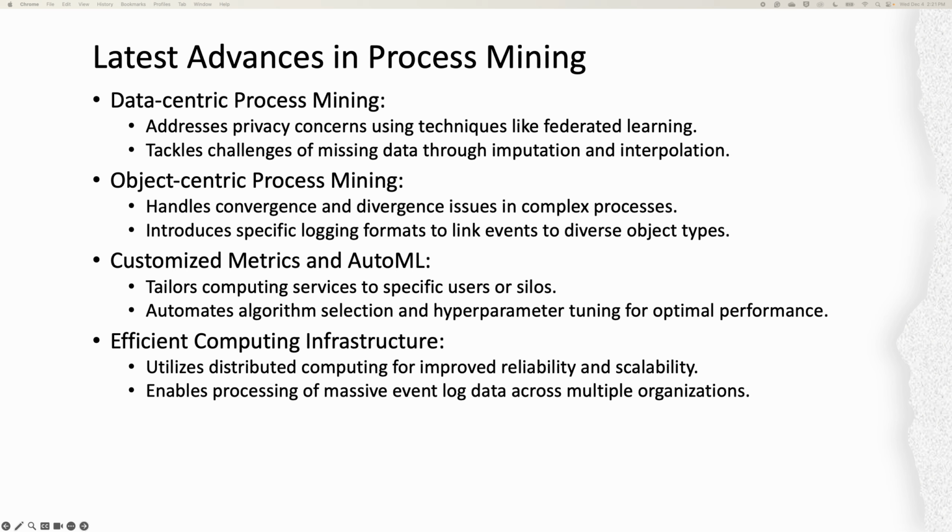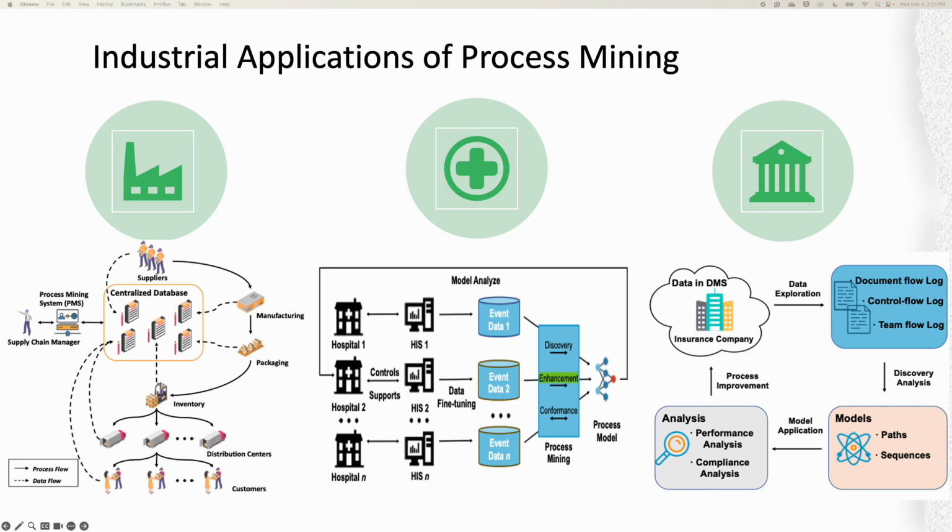Utilizing distributed computing, we can improve the reliability and scalability of these processes. It tailors the solutions to specific needs, while efficient computing infrastructure enables the processing of massive data sets.